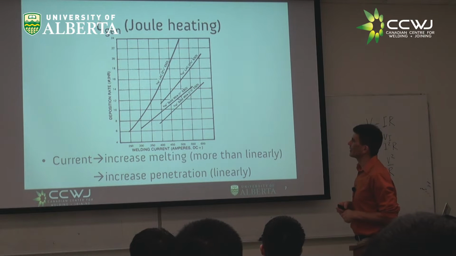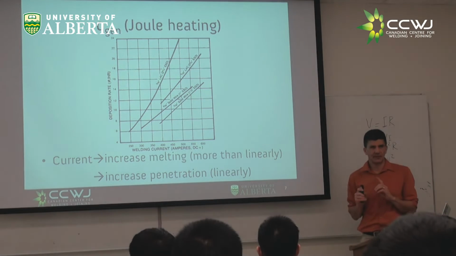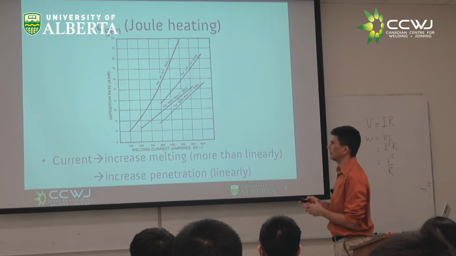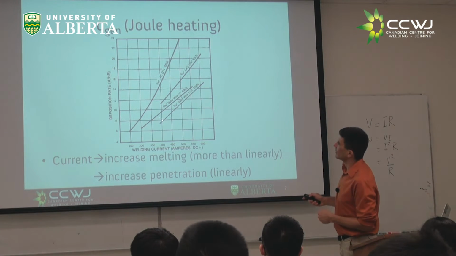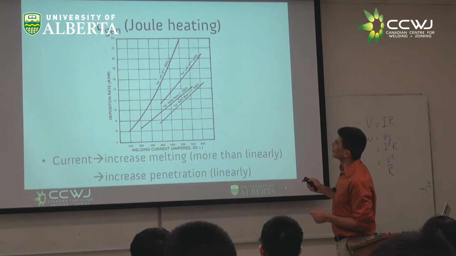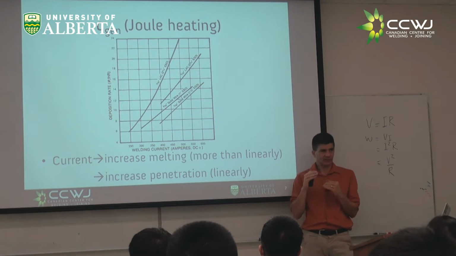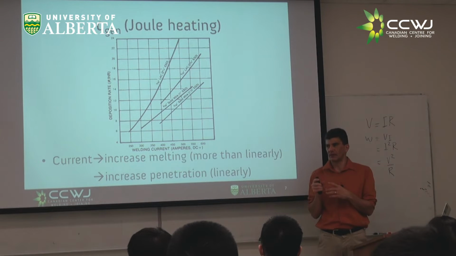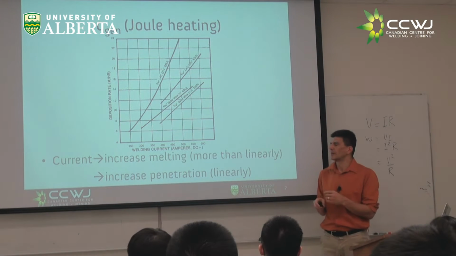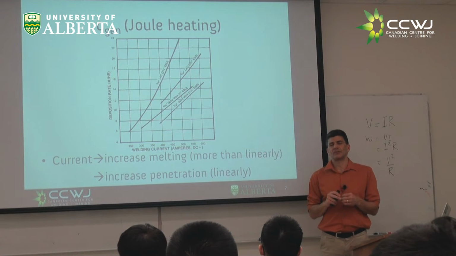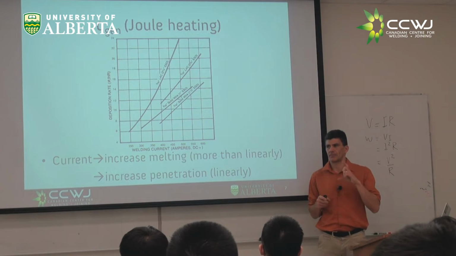And another thing, and I'm showing you these curves, but then you'll know how to do this yourself. Imagine I increase my electrode stick out, right? Remember the stick out, the amount of wire that's sticking out outside of the contact tip? The resistance of the stick out would increase or decrease if the stick out is longer?